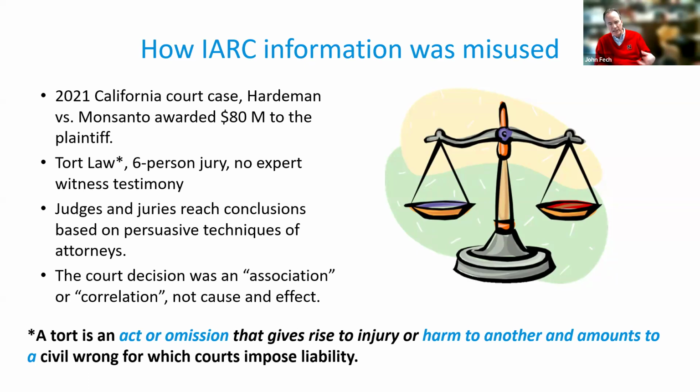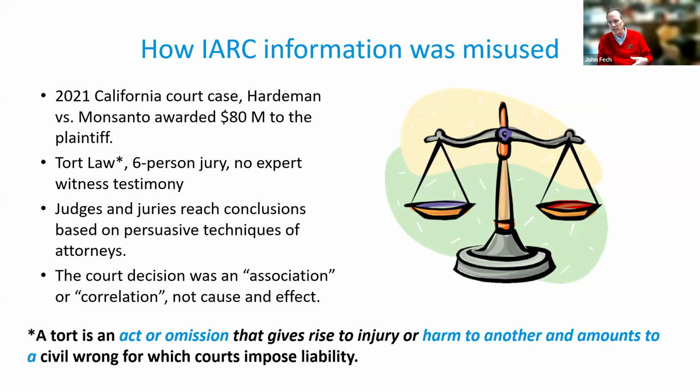And I explained this to my daughter, who's an attorney, and she said, "Dad, this is just really strange that would go forward like this, but these kind of things do happen." When you think about judges and juries, they reach conclusions based on persuasive techniques of attorneys as well as evidence. And in this case, the evidence was excluded.